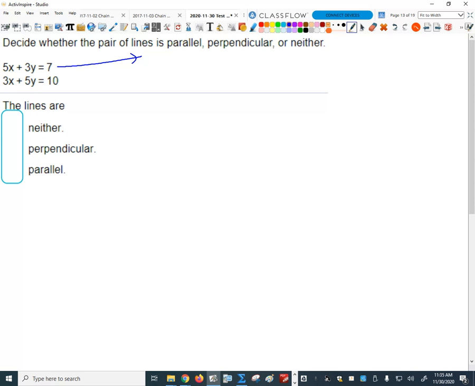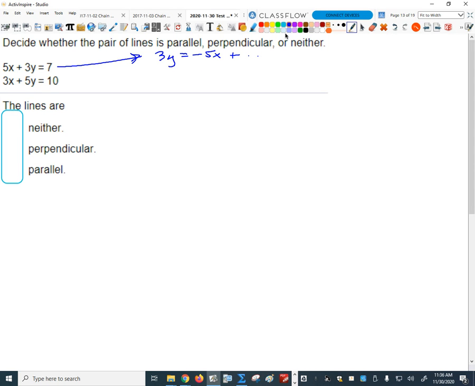Brogan, what am I going to do to get the y by itself in this first equation up here? Subtract y. I want to get the y by itself on the left side. Oh, okay. So subtract x. Subtract 5x. Good. So we're going to get 3y equals -5x plus, we don't even care, right? It's +7, but we don't even care because all we care about is what's going to be the number in front of the x.